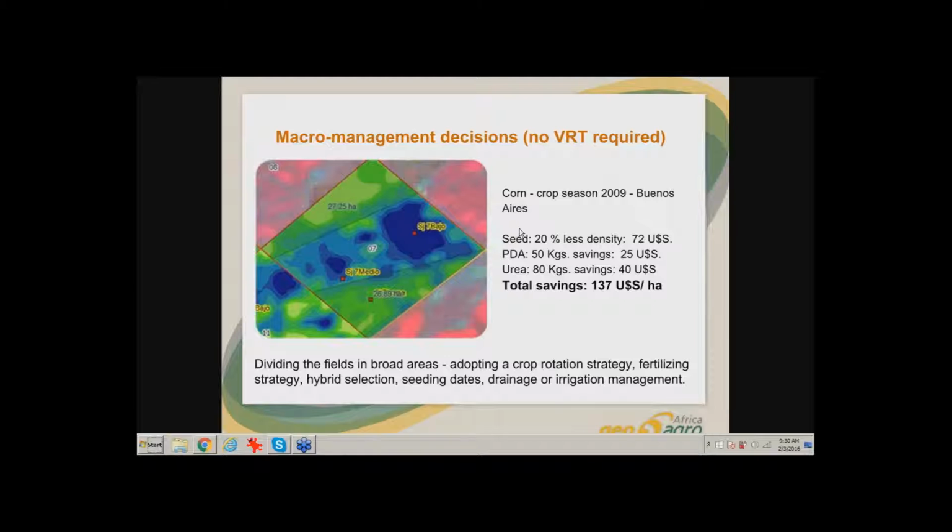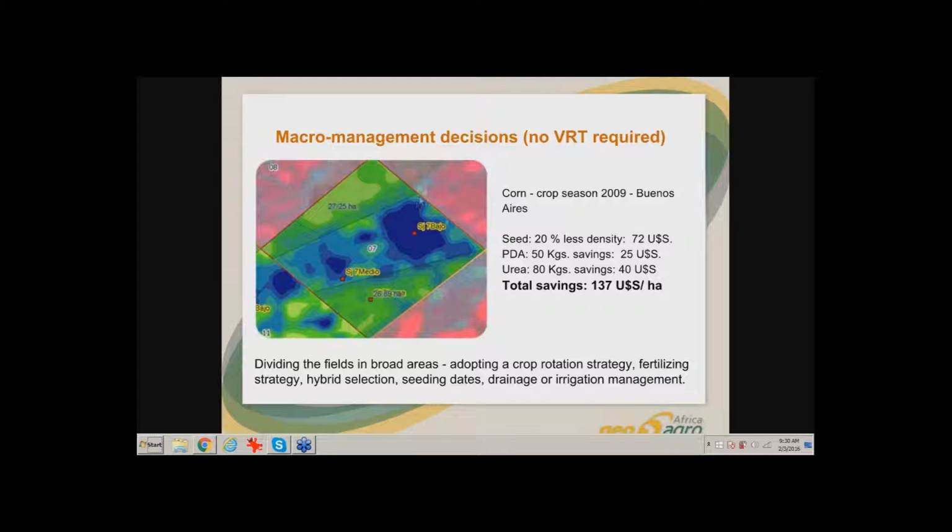Based on those zone characterizations, where we find the limiting factors, we can take macro management decisions where no variable rate technology is required, where we just divide the field. If there's no variable rate equipment, we can make just an approximate division of the zones, in this case in 3 zones. In this case it is a corn crop in 2009 in Buenos Aires.